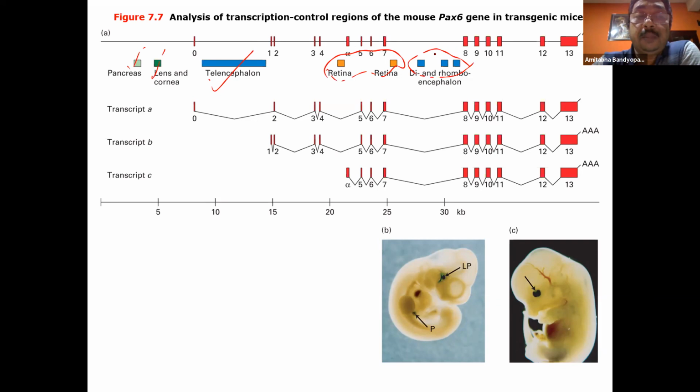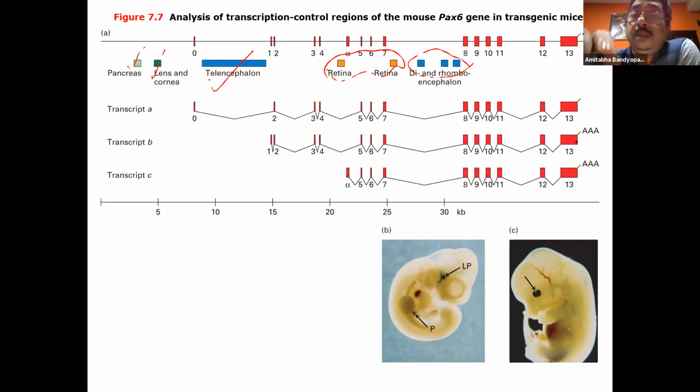If it is the lens or the pancreas, then it starts with this exon 0, the longest mRNA. If it is the transcript for telencephalon, then it starts from exon 1, and you have this mRNA.